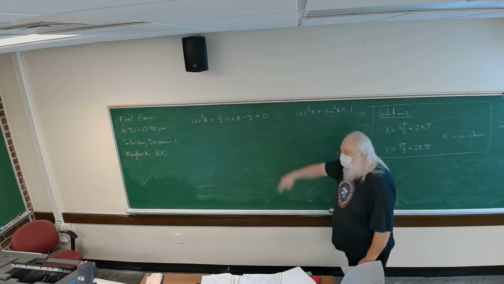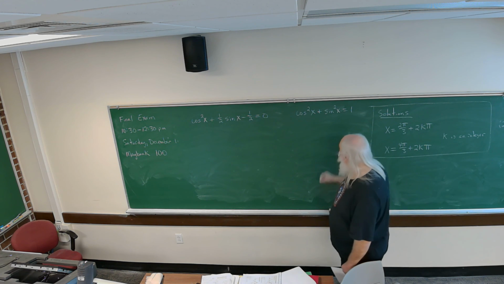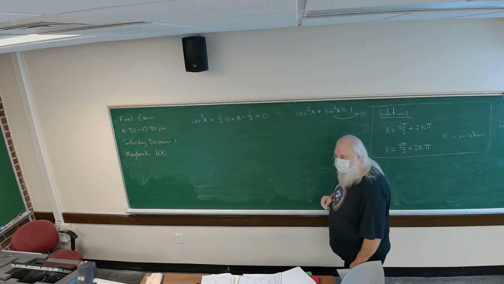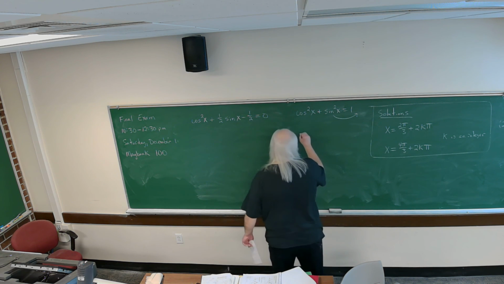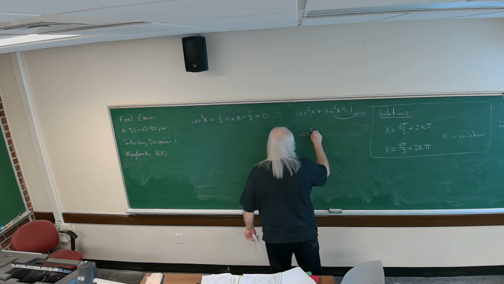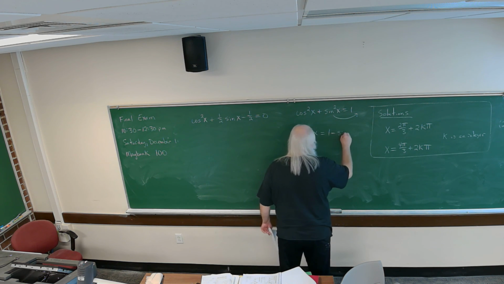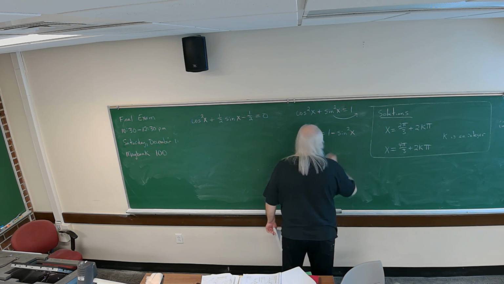We're actually going to substitute for cosine x squared. So we subtract sine x squared from both sides of this equation, and we have the cosine of x squared is equal to 1 minus the sine of x squared.